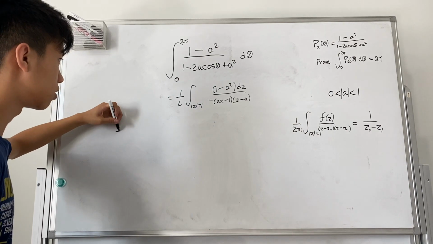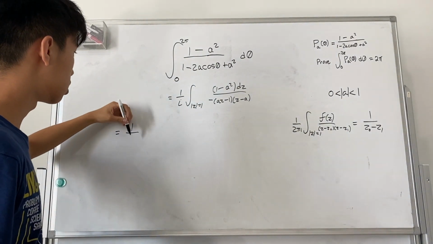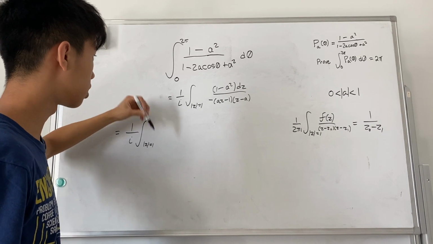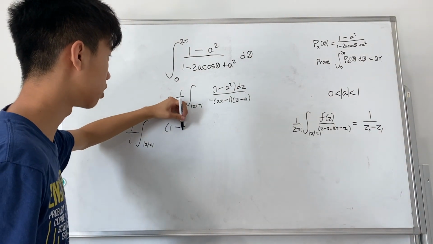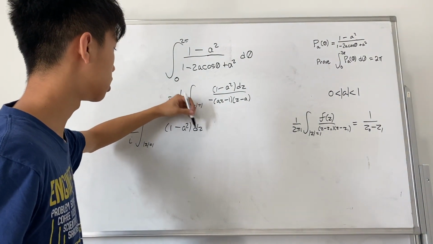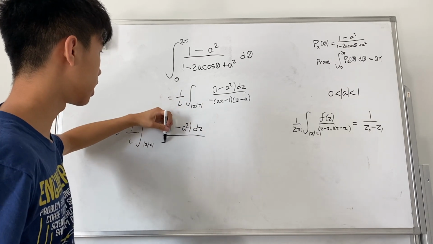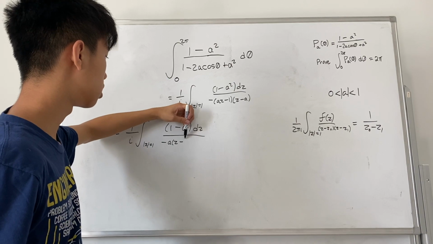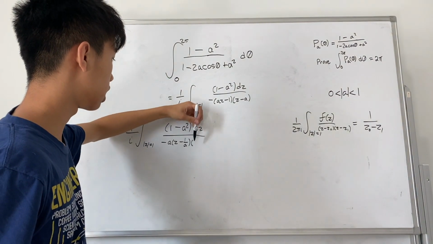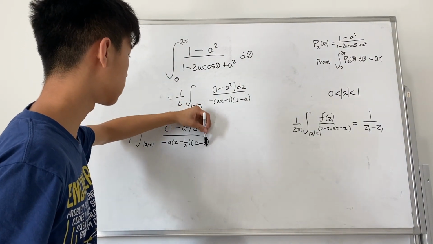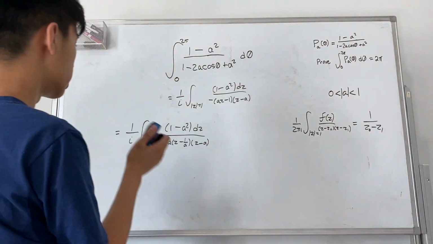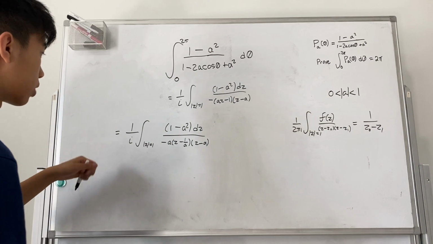So here we have 1 over i, integral of magnitude z equals 1, of 1 minus a squared dz. That's equal to negative a (z minus 1/a) times (z minus a). So we can bring the 1 minus a squared out.